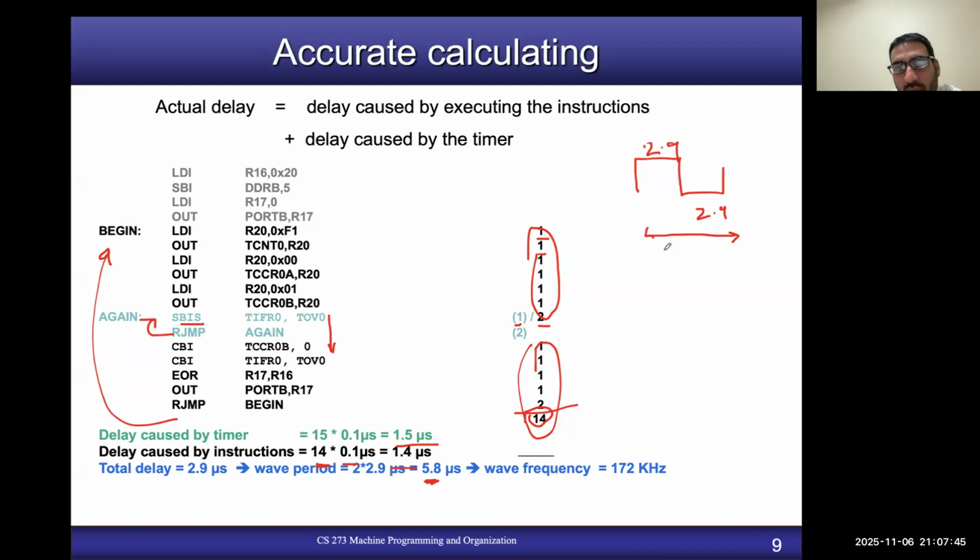This is the period of the output square wave which we are generating, right? And how can you find the frequency? By simply dividing 1 by the time period. So 1 divided by 5.8 microsecond will give you the frequency of 172 kilohertz. So we are actually generating on PB5 a square wave of 172 kilohertz frequency.